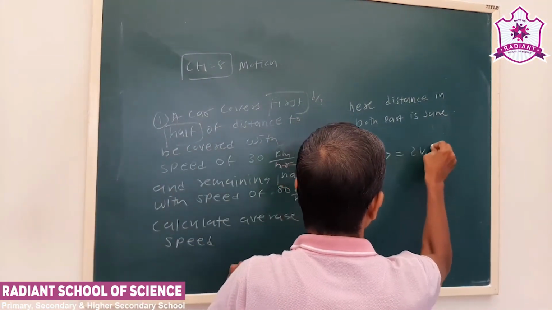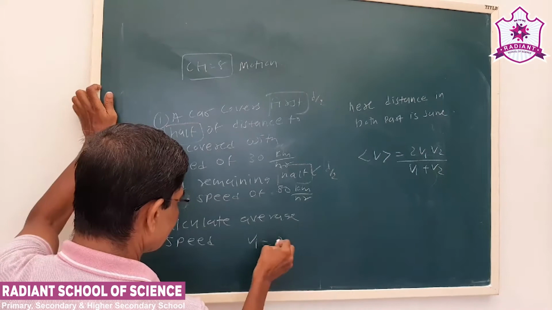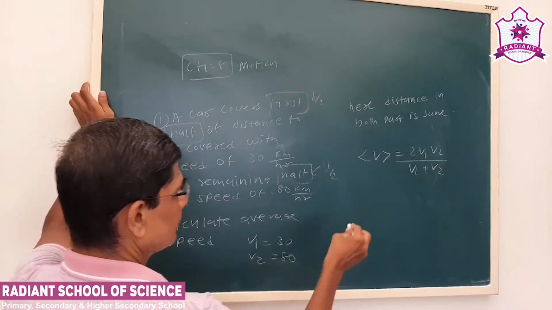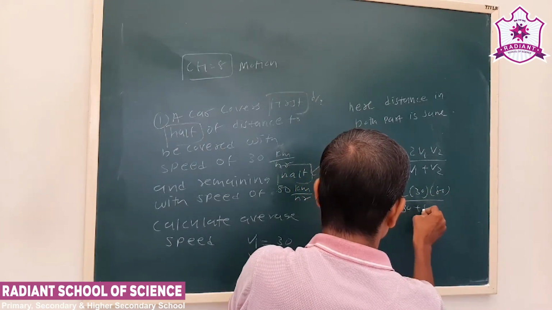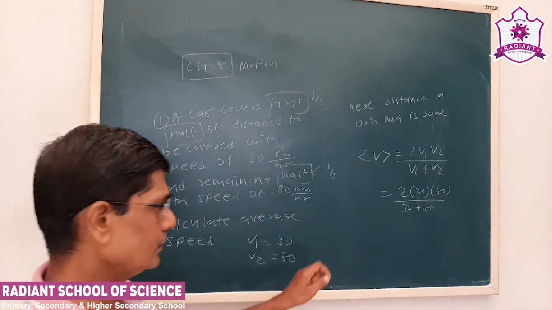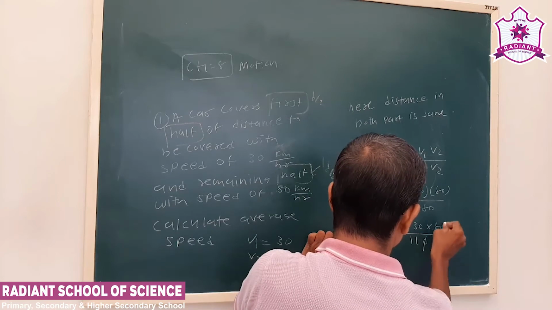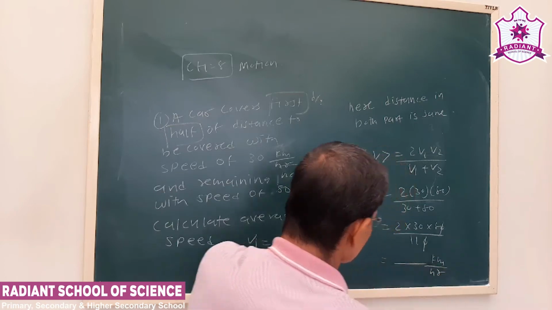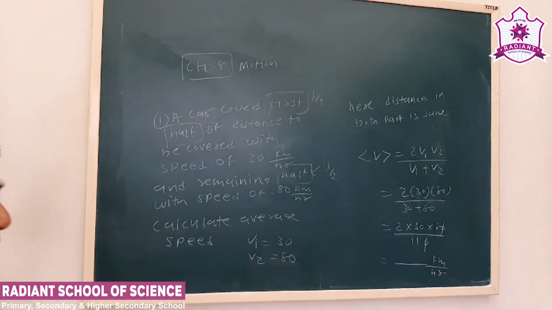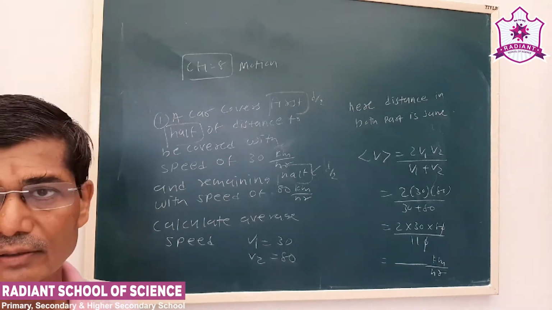Average speed is, okay, now v1 is 30, v2 is 80, kilometer per hour. So here also the case where distance in both halves is same, so we can use the formula 2 v1 v2 upon v1 plus v2.